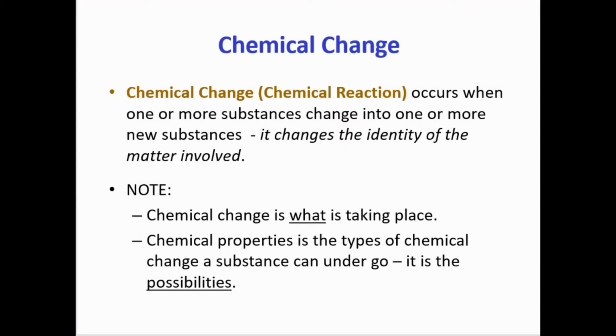Carbon dioxide, water, and energy are very different from gasoline and oxygen. When we talk about a chemical change or a chemical reaction, we're talking about what is actually taking place. When we talk about a chemical property, we are talking about the things that could happen to it, the types of reactions that could take place.